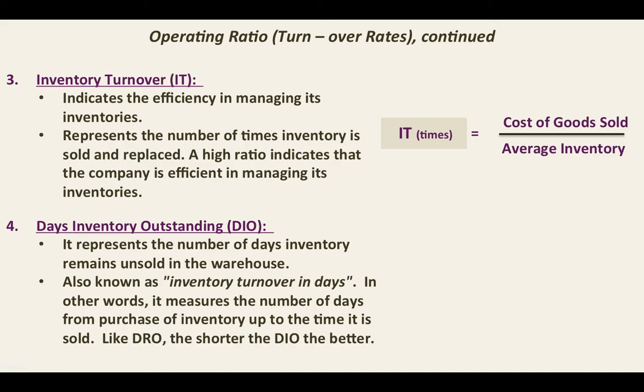Okay? Like the days receivable outstanding, the shorter the days inventory outstanding, the better. So the formula for days inventory outstanding is the number of days, which is 365 days, divided by the inventory turnover number of times. Okay?